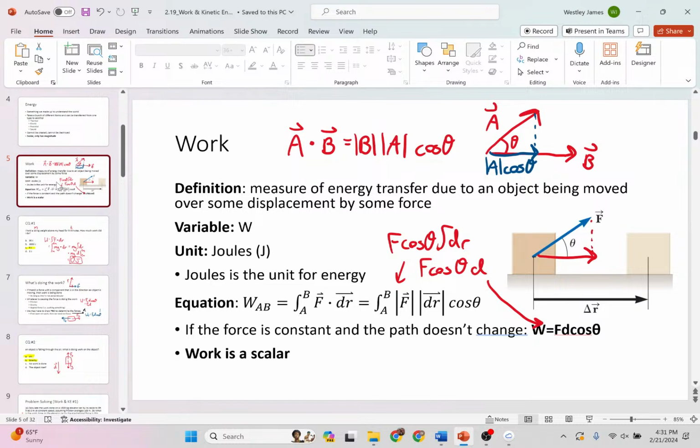The equation was work is the integral of F dot dr, which basically says you apply some force over some distance, and that increases or decreases the energy. This dot is a dot product. A dot product is a way of multiplying vectors, where you find the component of the vectors that are parallel to each other, multiply them, and make a scalar. Energy is a scalar. All energy is a scalar.